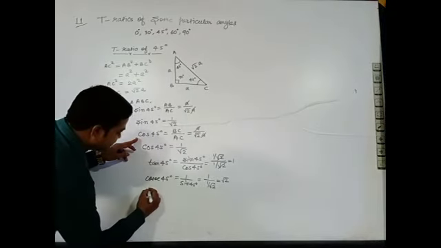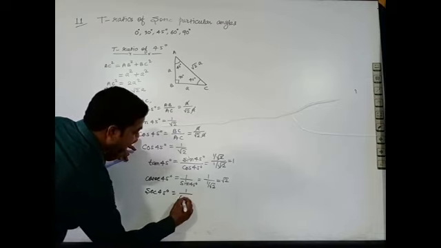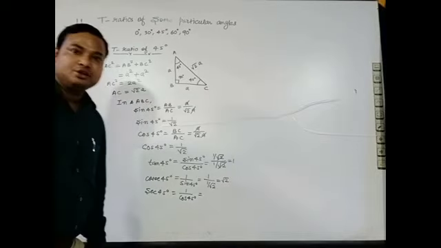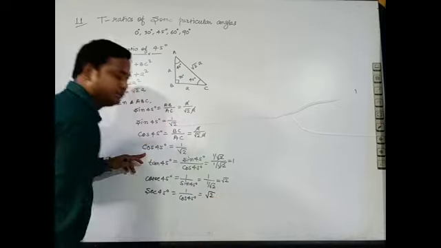Again here sec 45 means 1 by cos 45 degree, then this one is also root 2.